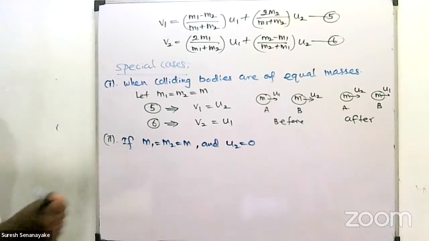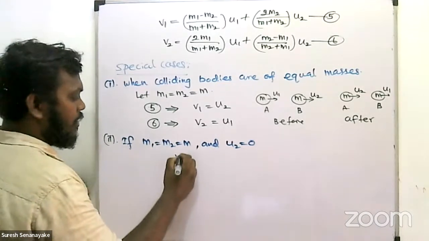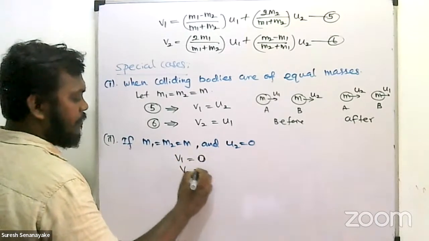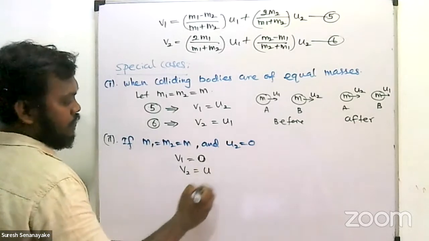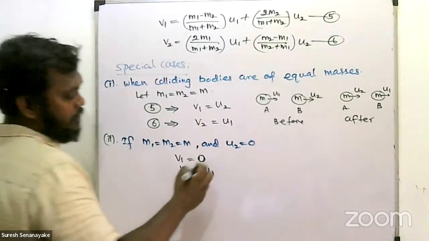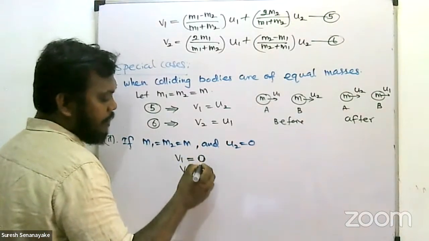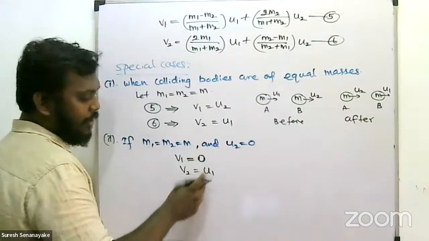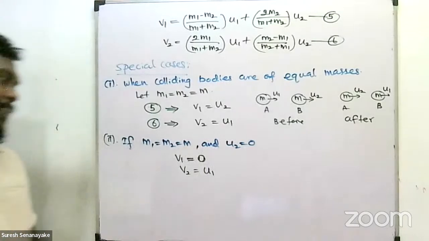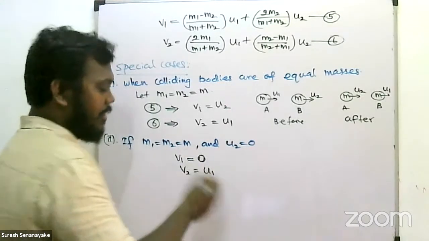So v1 becomes 0 and v2 becomes u1. A moving body gets stopped, then the stationary body will move with the velocity of the moving one. Right, their velocities also exchange.